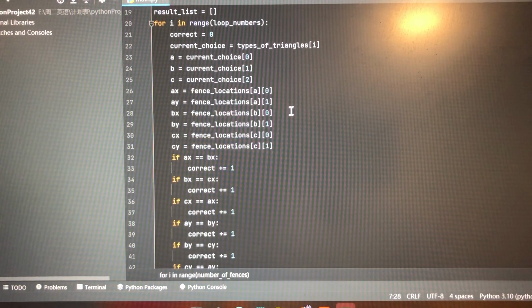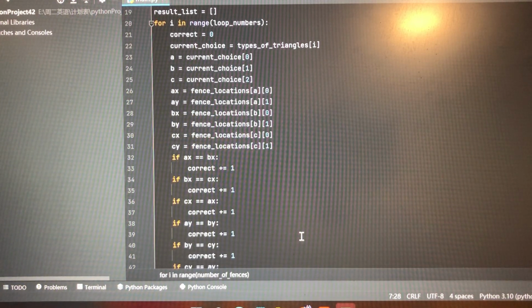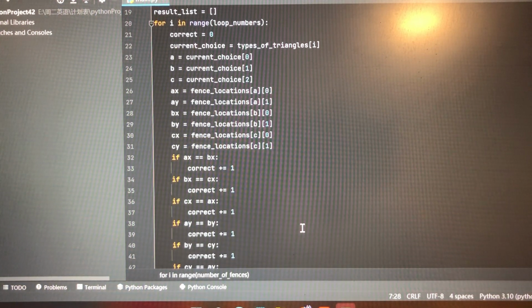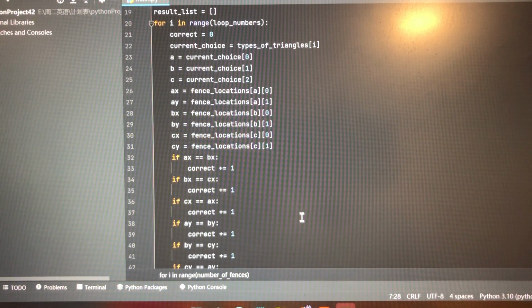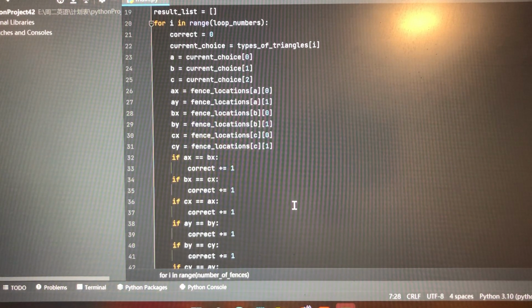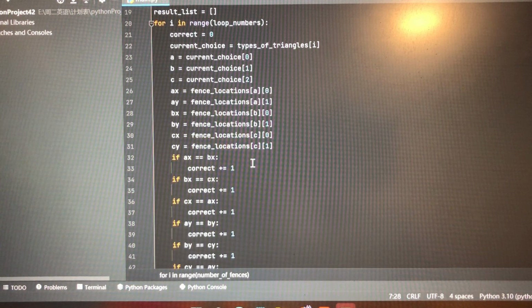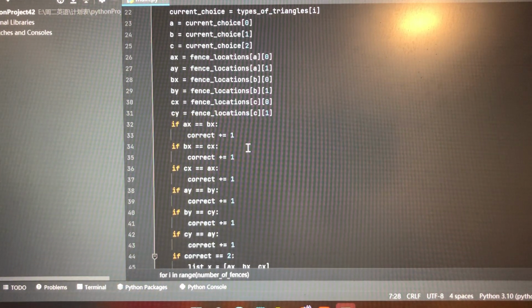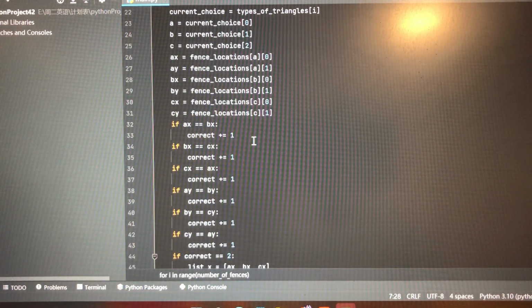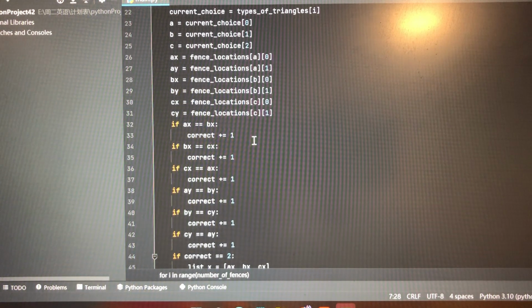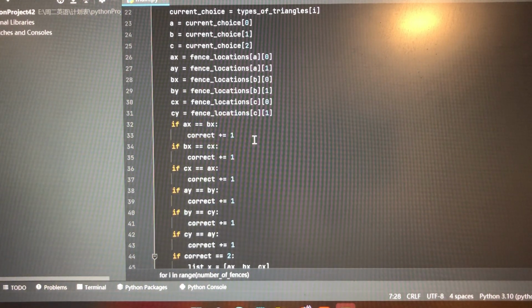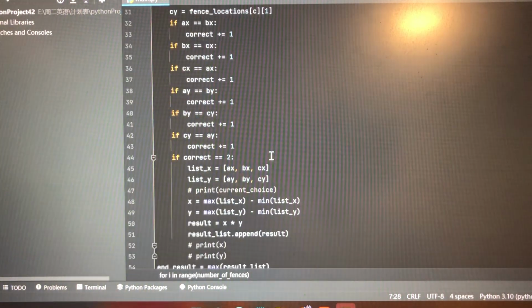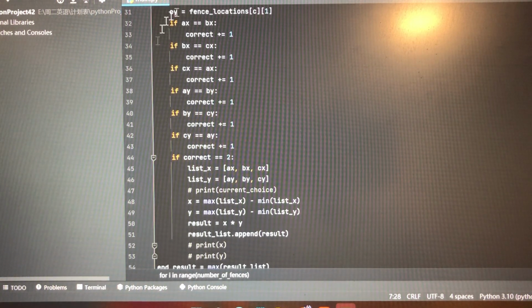As we know, the triangle must have 2 sides, one parallel to the x-axis and another one to the y-axis. So as long as we see 2 points having the same x and 2 points having the same y, then we know this is a right angle triangle, and that it's parallel to the x and y axes, which is right here.